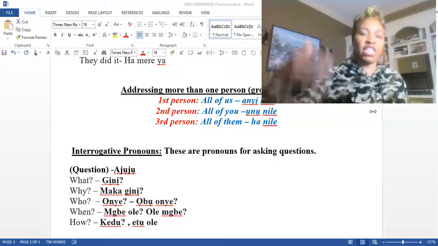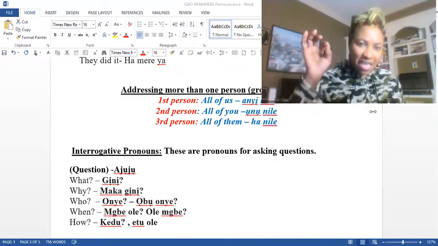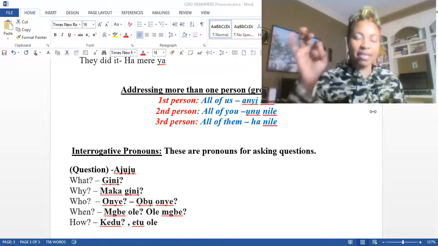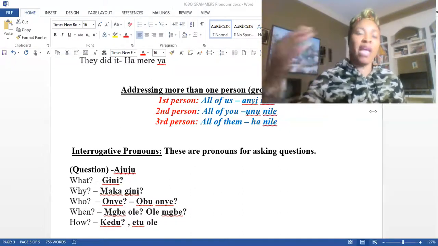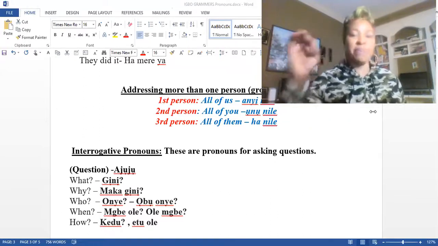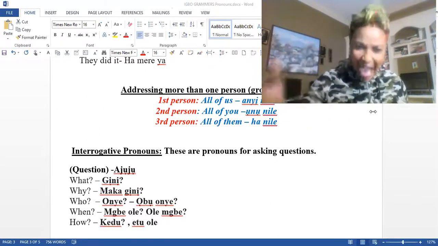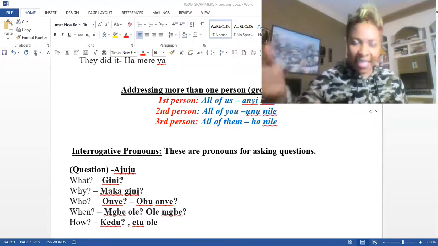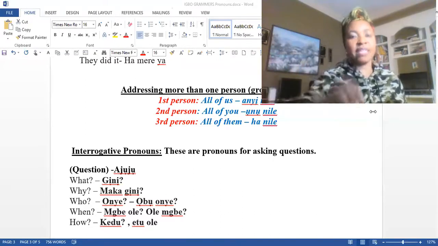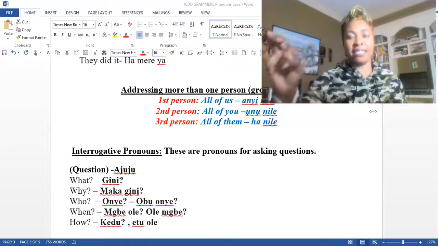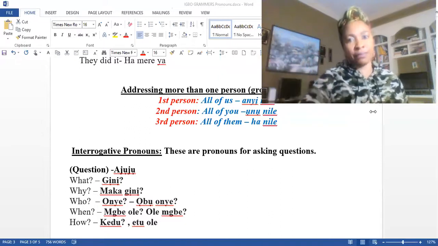Kedu etu o siri mee? This means ihe a. Kedu etu ihe a siri mee? Kedu means how. Etu di ihe a siri mee. Kedu etu ihe a siri mee means how did this happen?